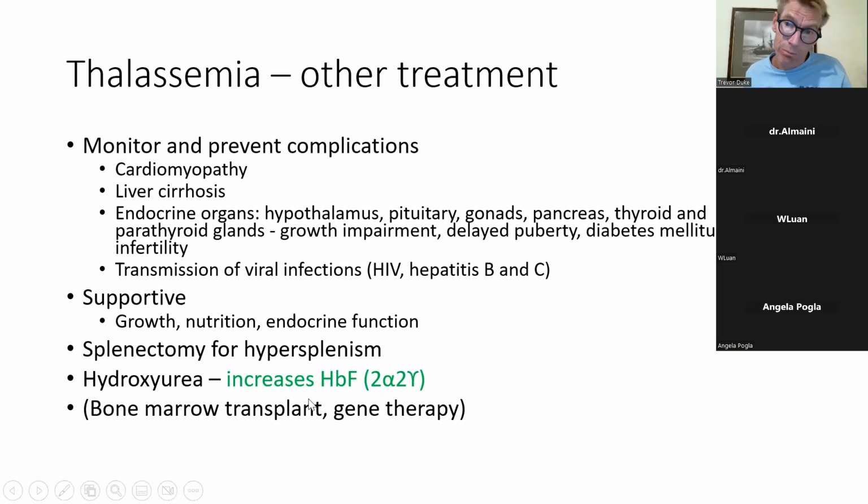And instead of losing it completely after about 6 months of life, you can keep making it. In some countries, in parts of Europe where thalassemia is very common, they're doing bone marrow transplants, and there's other gene therapy for thalassemia. But the basic things are to transfuse and chelate iron if you can, and then other supportive care for the child and their family.